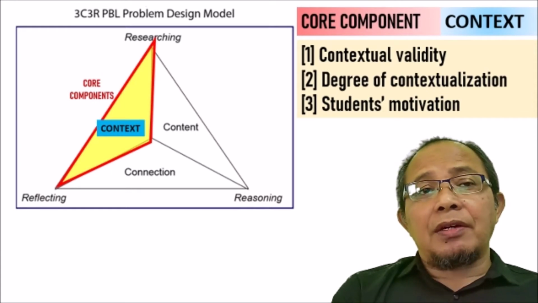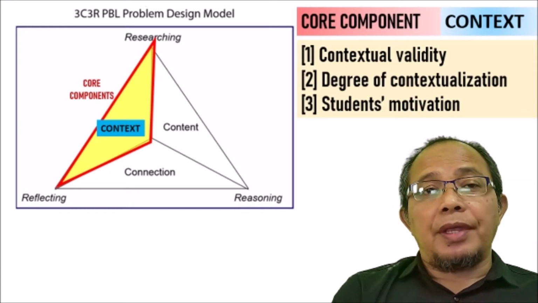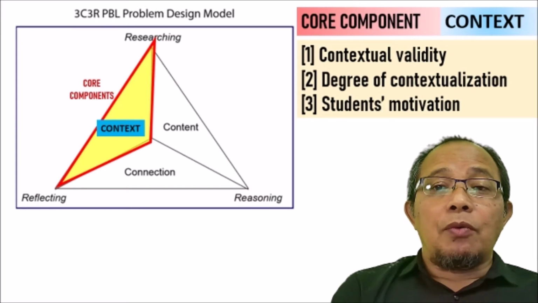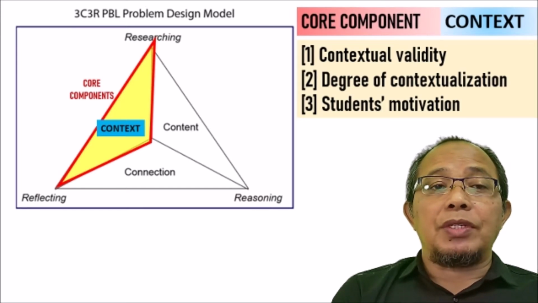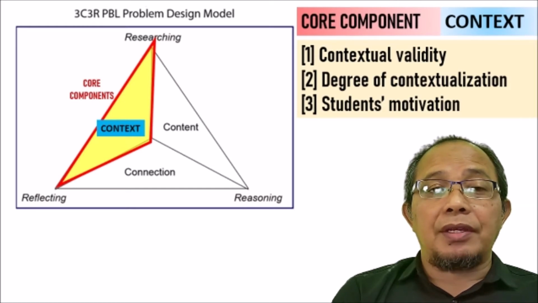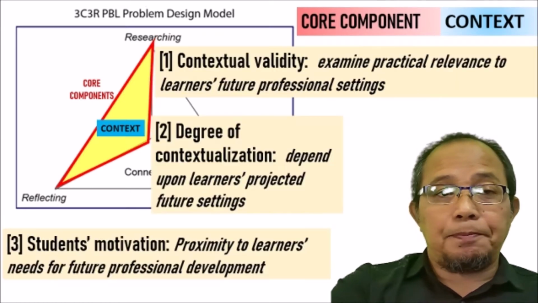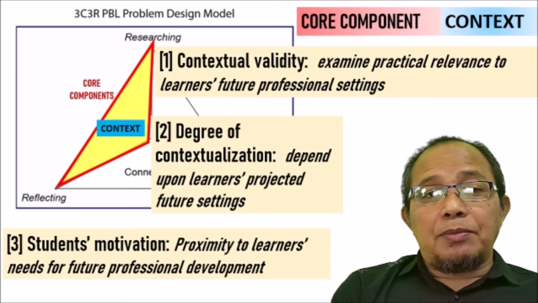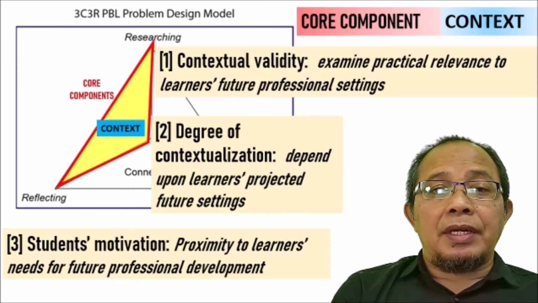In considering the context component of PBL problems, there are three important design elements that need to be taken into consideration. One is contextual validity, two is a degree of contextualizations, and three, students' motivation. One, the contextual validity in PBL problems should be evaluated by examining the clinical, practical relevance to the learner's future professional settings.